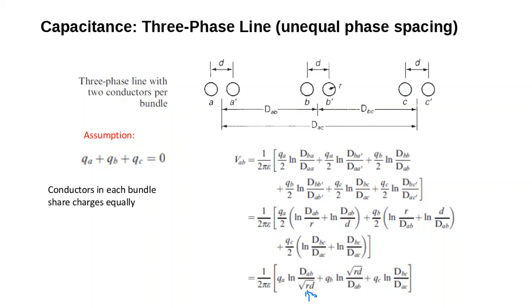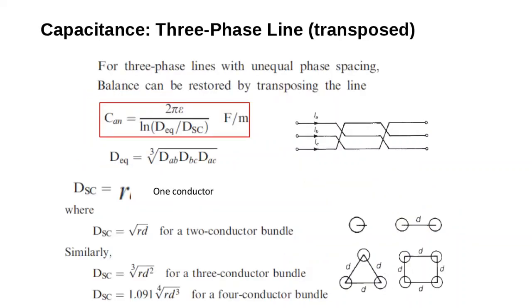Okay, so this is R. And then the DAB, DAC, we can't have it like this. But at the end, we come up to this line here.